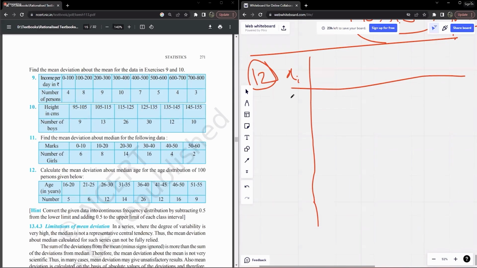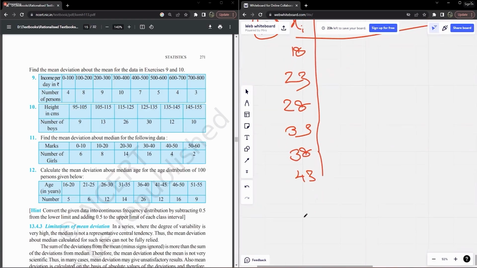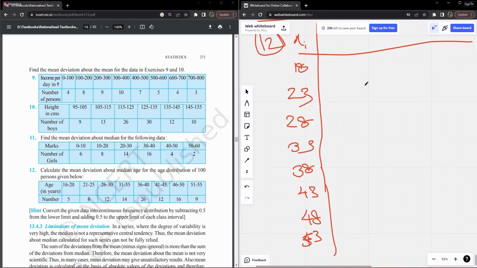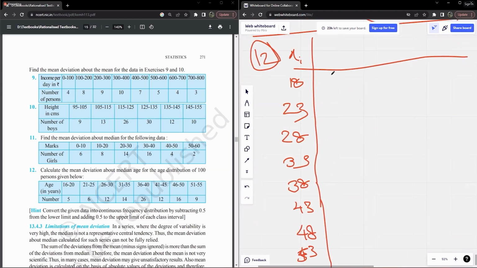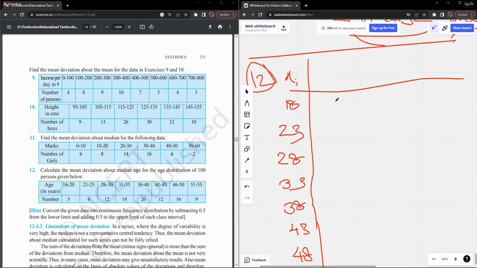18. It's 18. And then this is going to be 21 plus 20, 38, then a 43, 48, and a 50. 1, 2, 3, 4, 5, 6, 7, 8. And you have the corresponding fi's to be 5, then a 6, then a 12, 16, and 9. xi and fi.